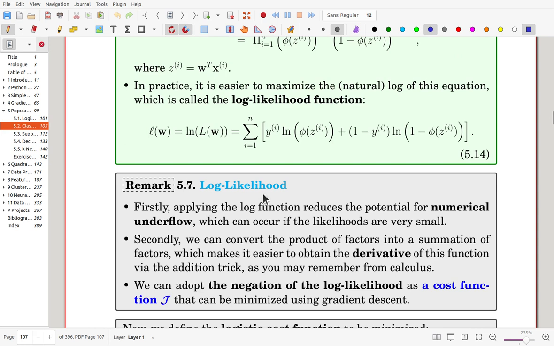Here for log likelihood, we have the comment. Firstly, applying the log function reduces the potential for numerical underflow.